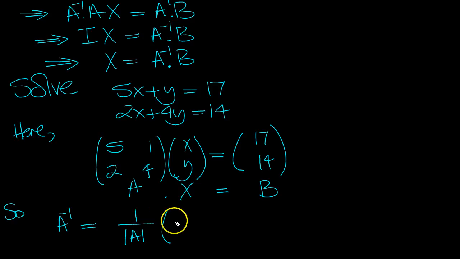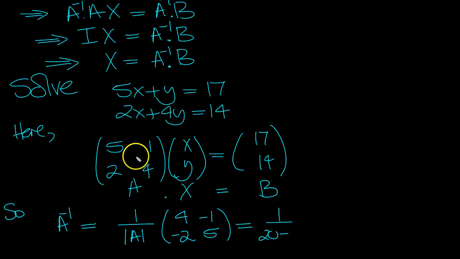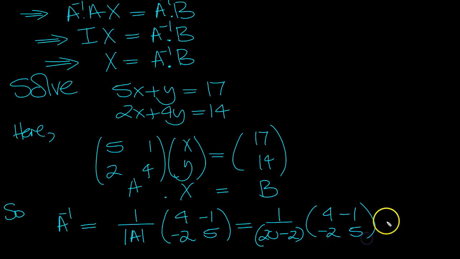Swap these around, then the leading diagonal gets swapped, and the trailing diagonal, the signs get flipped. So the only thing is, what is det A? 1 over det A would be leading diagonal, the formula 20, take away the trailing diagonal product 2. So it's 1 over 18, isn't it?